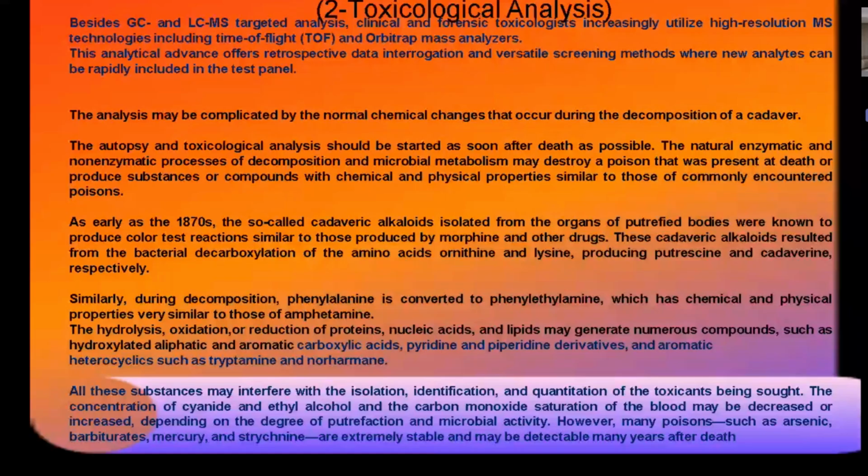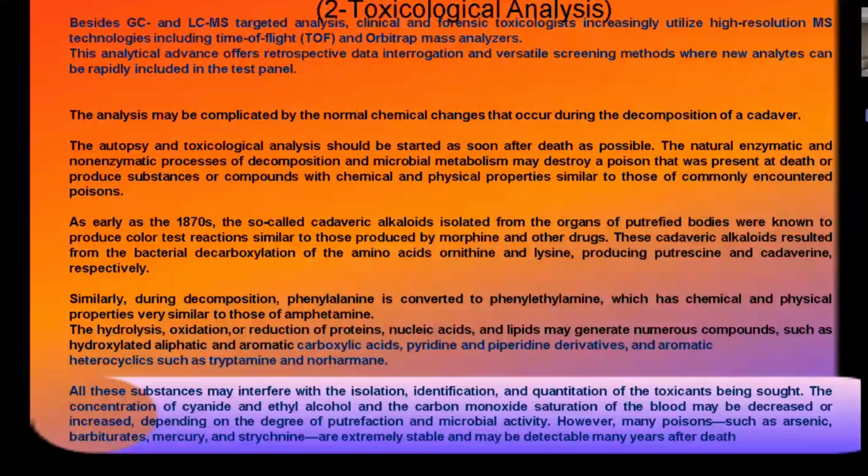Once there is death, these enzymes will also start deteriorating, and they are also capable of deteriorating the toxins or any poison which was present at the time of death. Due to these enzymatic reactions, their physical and chemical properties will deteriorate. So if that compound keeps deteriorating, it becomes difficult to detect that particular poison.